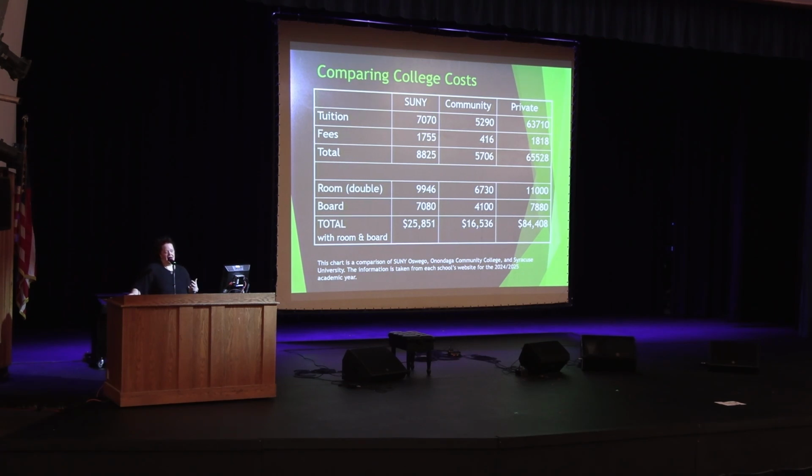So when you're getting your aid, if you're applying to private schools and they offer you a big scholarship, look at the bottom line, because it could be that it's bringing it down to the same price as a SUNY. Just don't be wowed by a big scholarship if it is still really, really expensive.